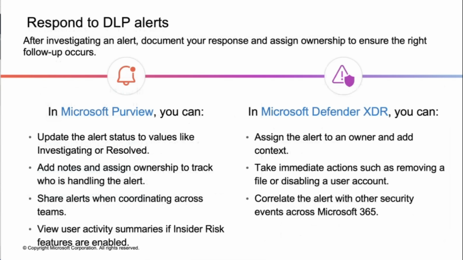With response to DLP alerts, we can update the status, we can investigate it initially within Purview. We can also manage if there's anything else we need to think about, any other areas of Purview we need to bring in. In Defender, we can assign the alert to an owner and start to advance triage and also then correlate with any other events, because obviously a lot of these things don't happen in isolation.